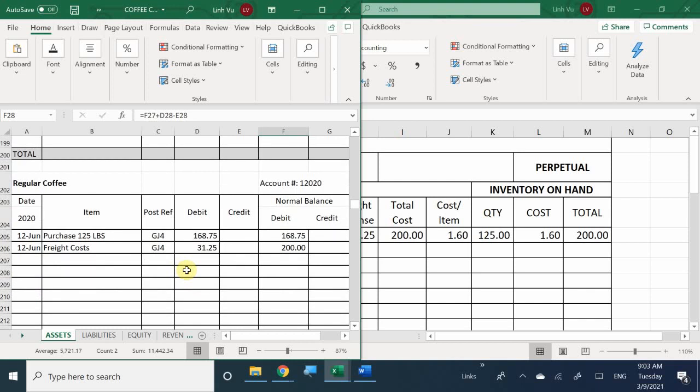But this is where you're going to be using the inventory worksheet and your general ledger as your guidance point, your checking point, to make sure that your accounting and your calculations are accurate. Every time you update the inventory, you're always going to make sure that at the end of the day, your ledger matches at all times.